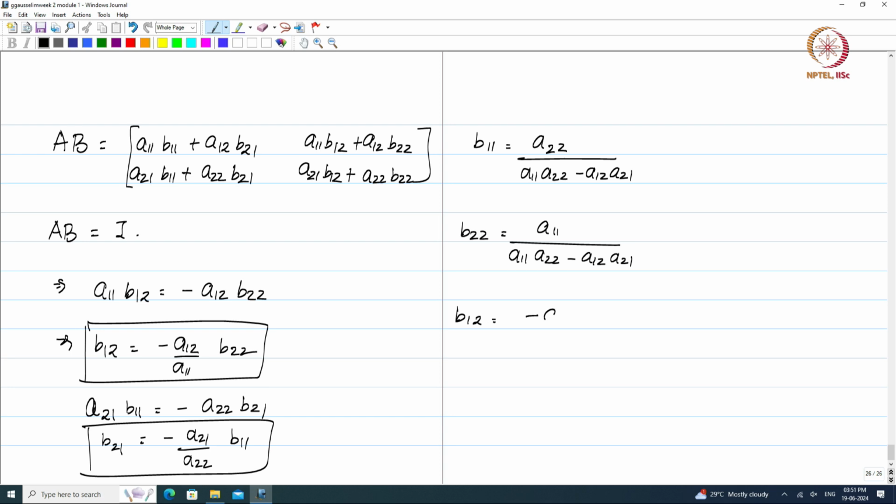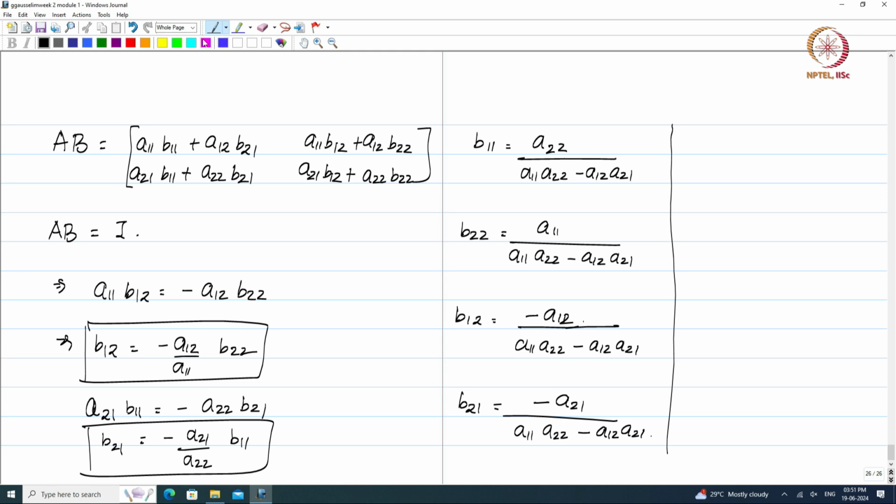B12 will be equal to minus A12 divided by A11 into A22 minus A12 into A21, and B21 is equal to minus A21 by A11 into A22 minus A12 A21.